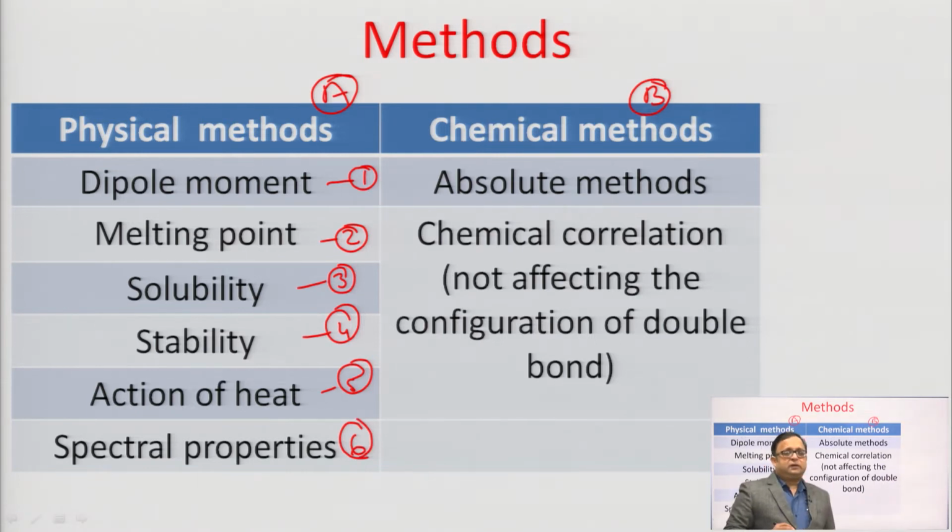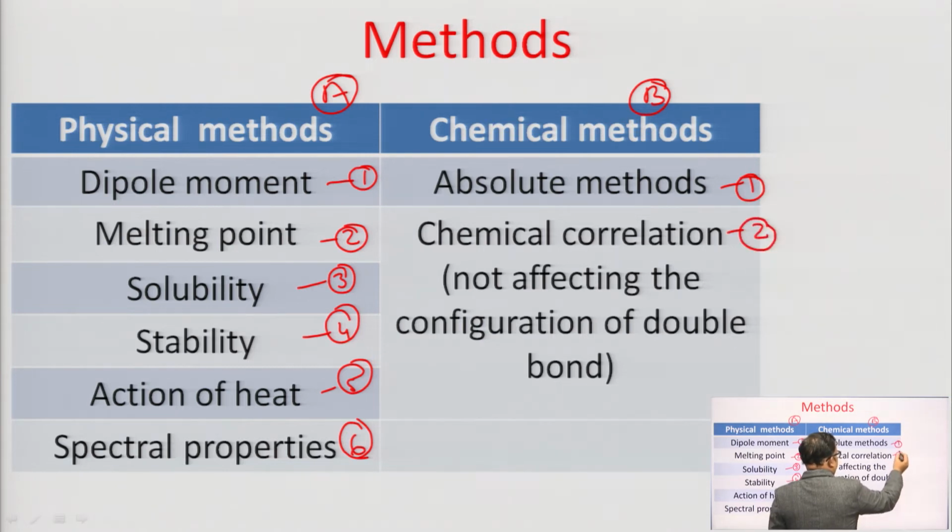So, dear students, these six physical methods, namely dipole moment, melting point, solubility, stability, action of heat and spectral properties, are used to assign the geometrical configuration. Simultaneously, in chemical methods, we can use absolute methods and chemical correlation methods.